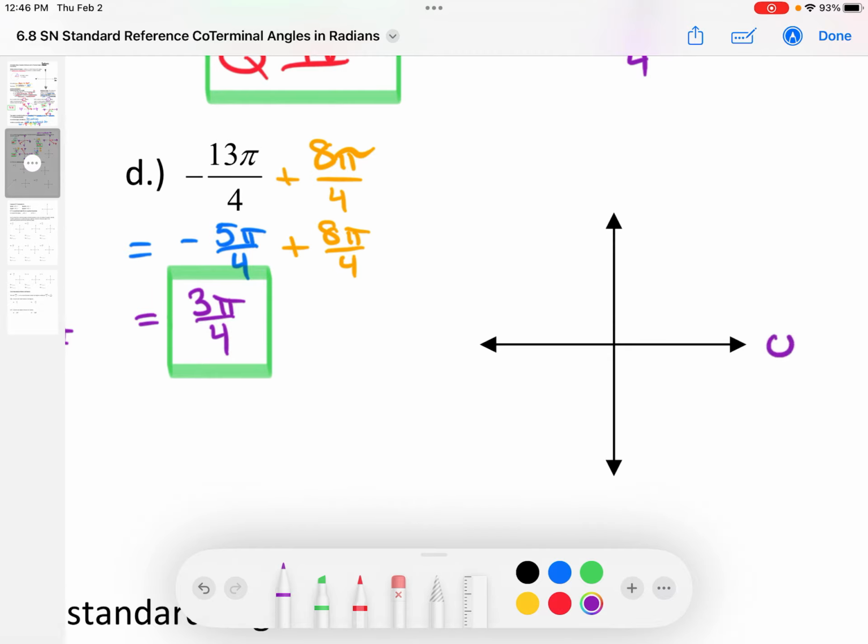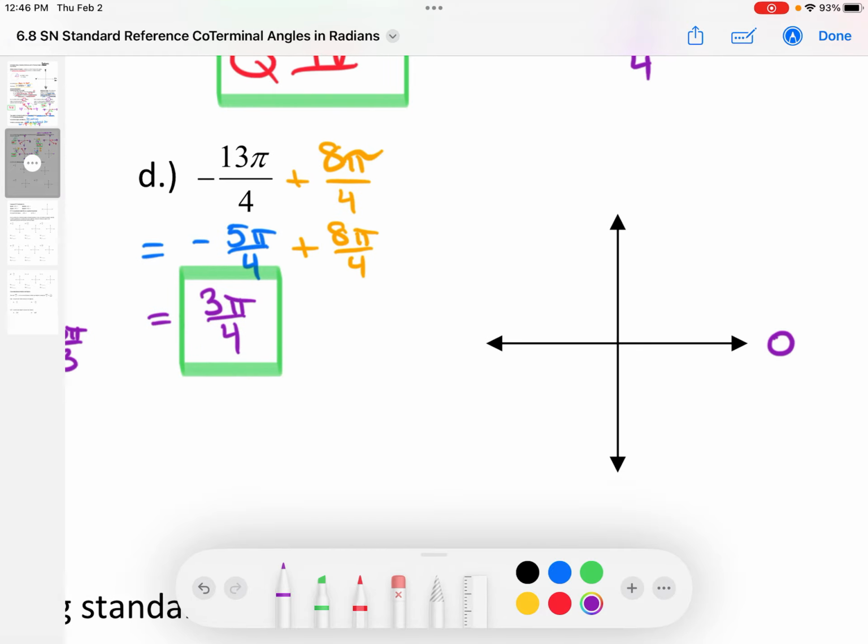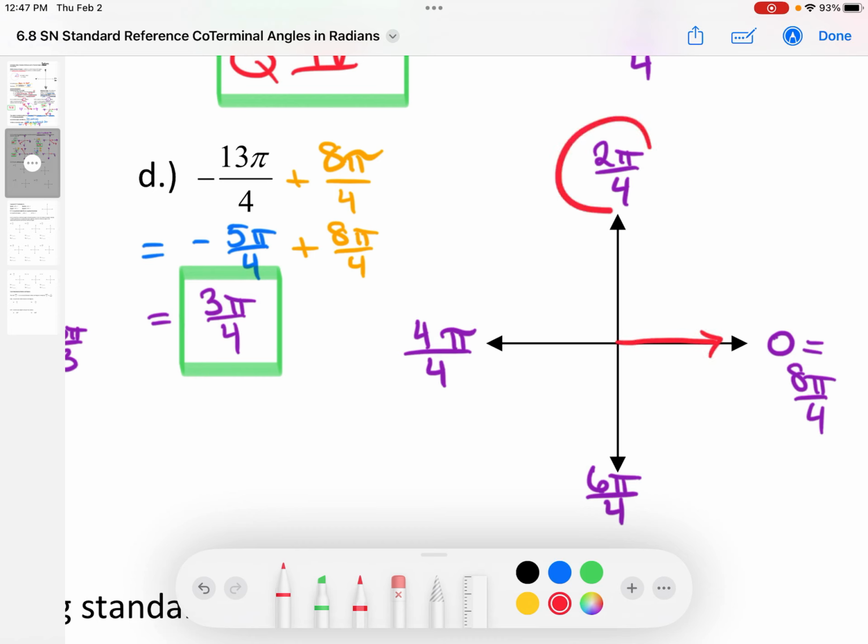Now, to graph this, 0 is on the right, pi is on the left. 4 pi over 4, because we have a denominator of 4. Then halfway would be 2 pi over 4. That 2 is what we'll count by in the numerator. 2, 4, 6 pi over 4, and 8 pi over 4. And now our angle, 3 pi over 4, will start at 0, and we will rotate around to 3 pi over 4.